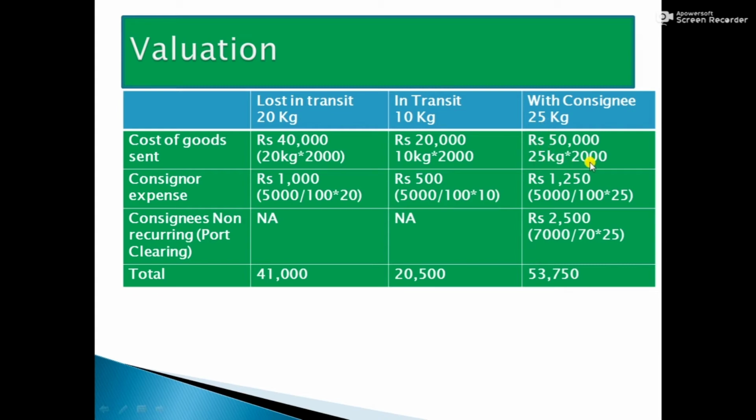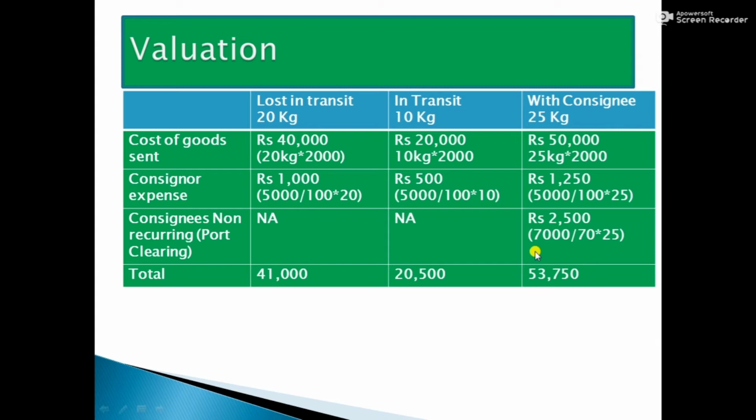Next, value of stock with consignee, 25 kilograms, cost of goods sent 25 kilograms into rupees 2,000, 50,000 rupees. Consignor's expenses total 5,000. Therefore, for 25 kilograms, 5,000 divided by 100 into 25. Consignee's non-recurring charges, that is the port clearing charges, total he incurred 7,000 for 70 kilograms.